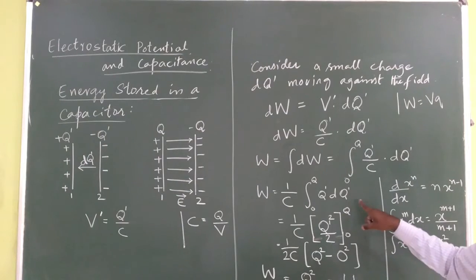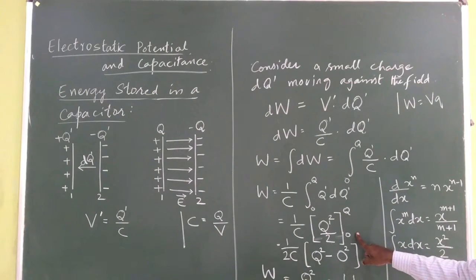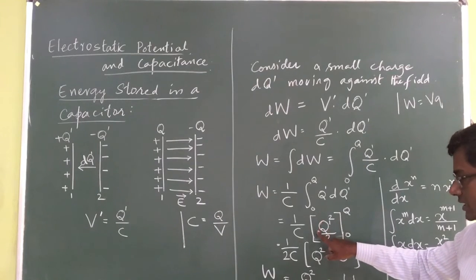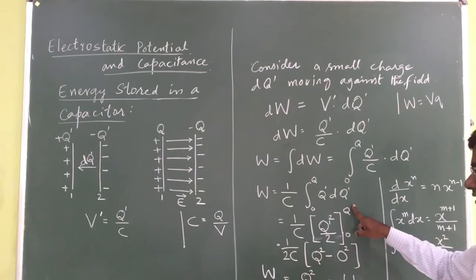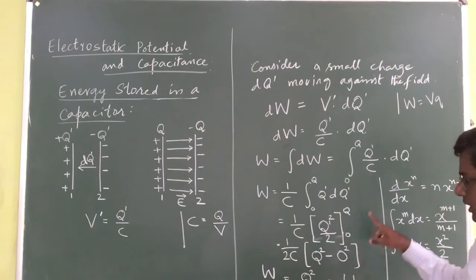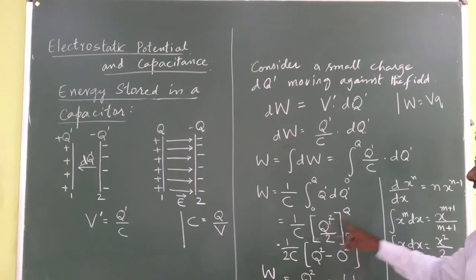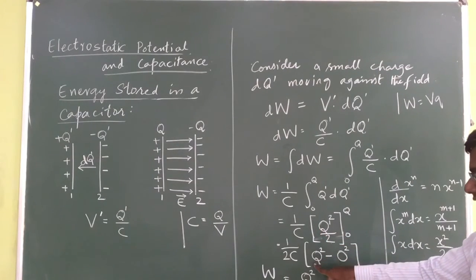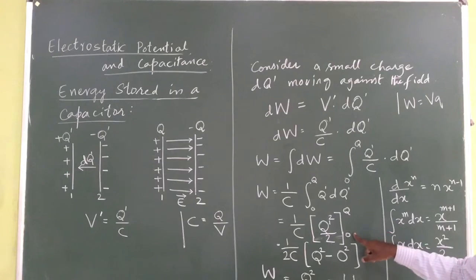Applying the limits, upper limit minus the lower limit. Q dash will be substituted once with the upper limit, and once with the lower limit. Whatever the way it is given, it is going to be substituted in that way. It is going to be square. So we get Q square, that is the upper limit. Then we get 0 square, that is the lower limit.